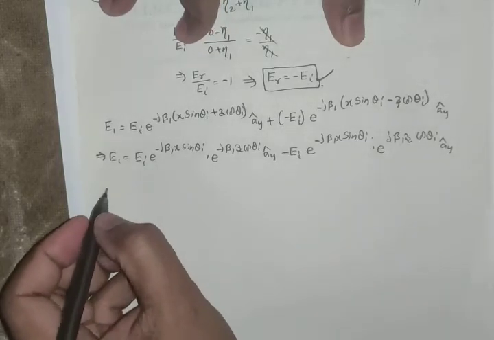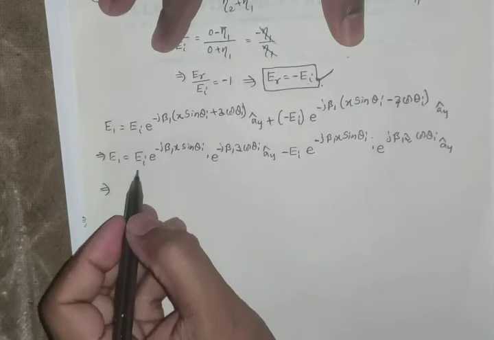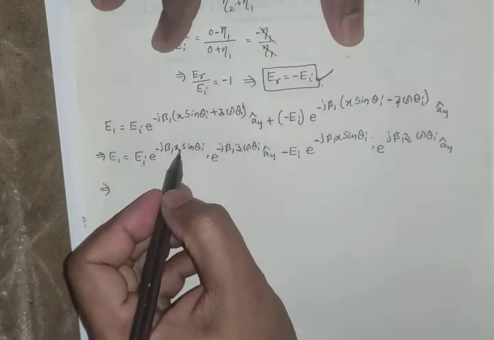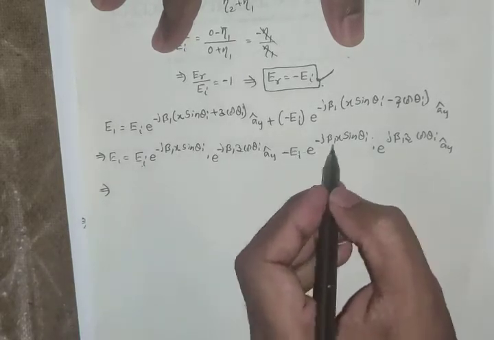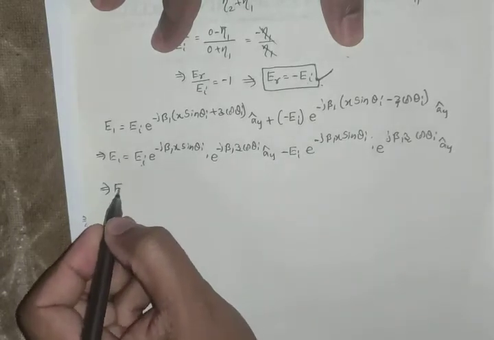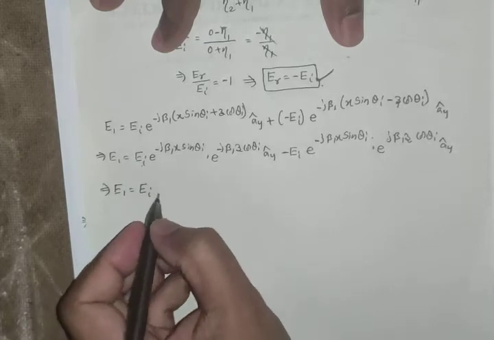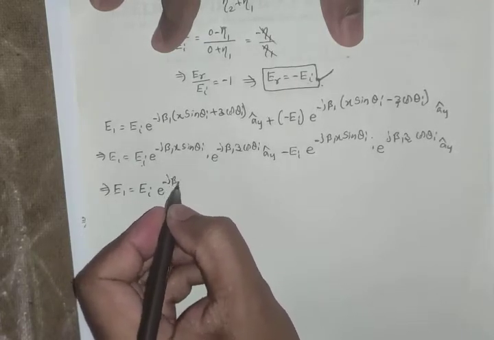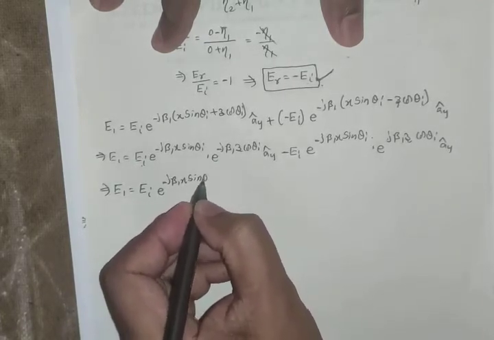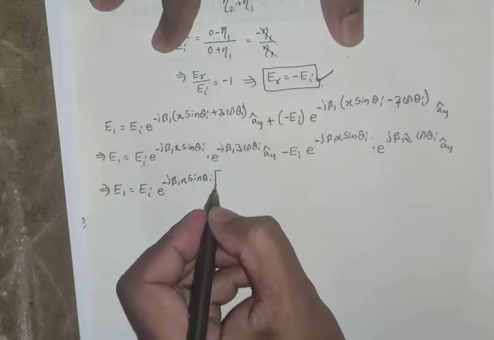From this entire equation we can take EI into e to the power of minus j beta 1 x sin theta I common.